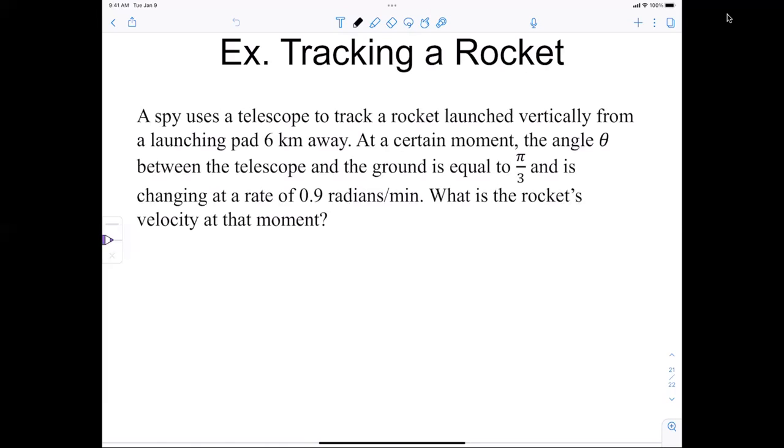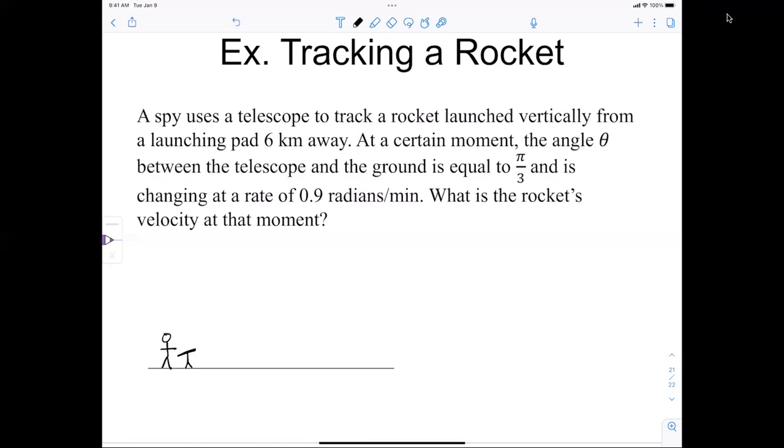Okay, are we ready? So I'm going to do my best to draw a picture of the situation. The first sentence says, a spy uses a telescope to track a rocket launched vertically from a launching pad 6 kilometers away. So here's the ground. Here is the spy. This is their telescope.